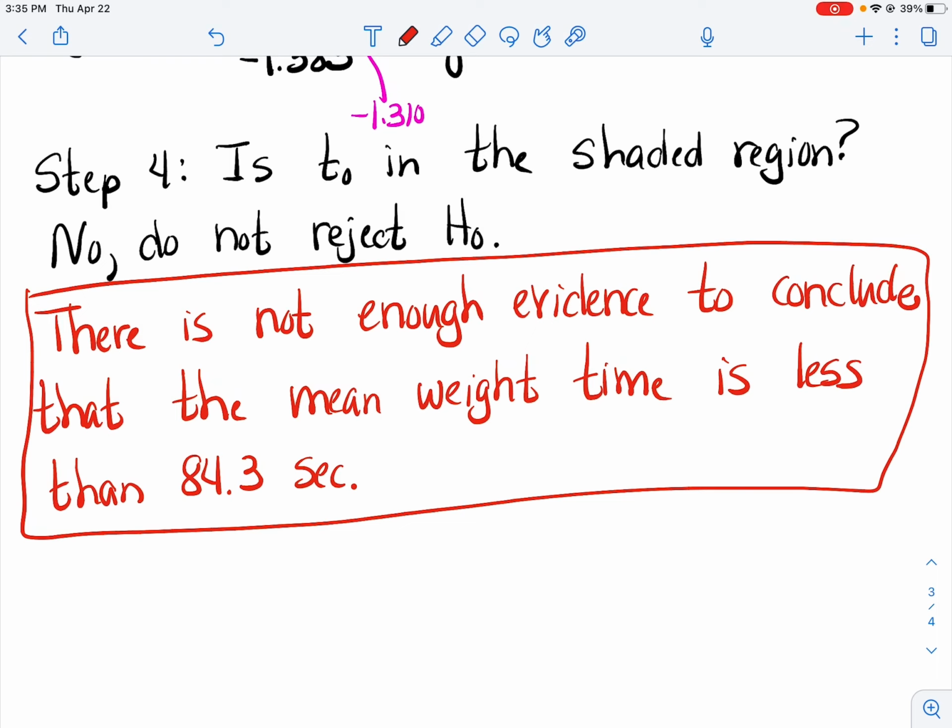In other words, this new drive-through system that the manager devised, it did not decrease the wait times significantly.